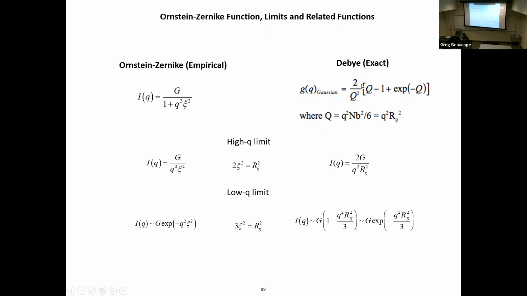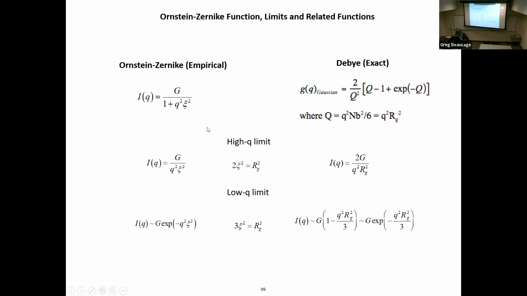The next term is Q cubed over 6, but it's a 2, so it's Q cubed over 3 divided by Q squared, which is Q over 3. So you get Q squared Rg squared over 3. Then if Q is small, you can turn that into an exponential, Guinier's law. So both things work, and these are exact.